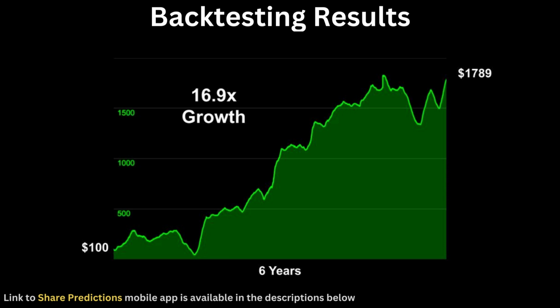And at the end of 6 years, our $100 initial budget reached $1,789, giving a 1,689% profit. As you can see from the graph, it is not a straight line going up. This means that some trades end with a loss, and such trades are mostly triggered by false positive buy signals.